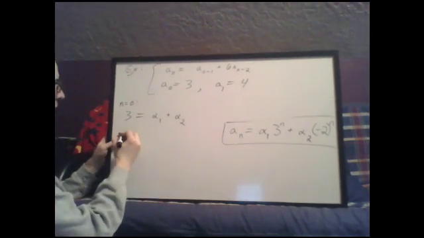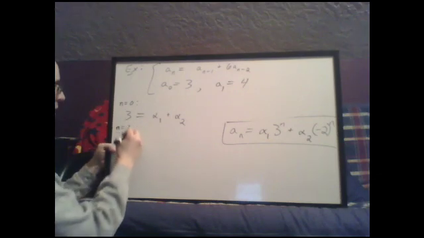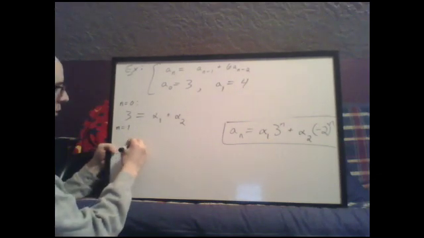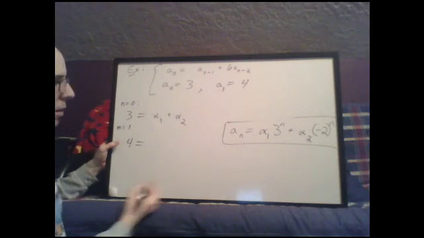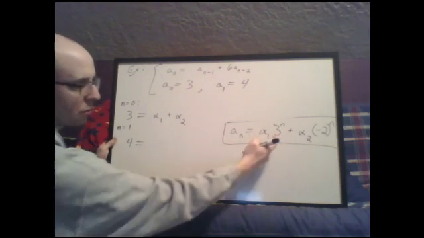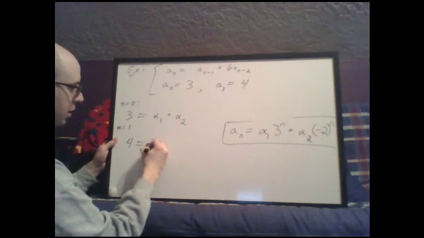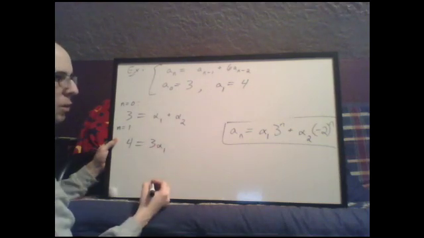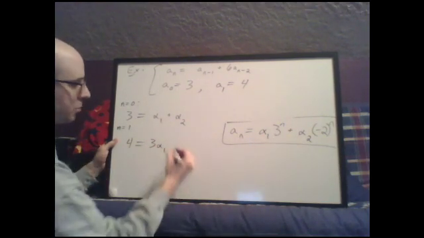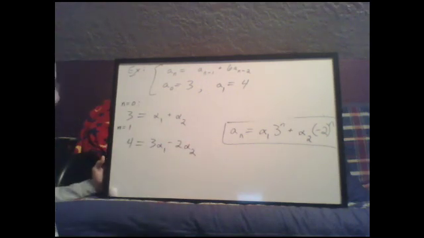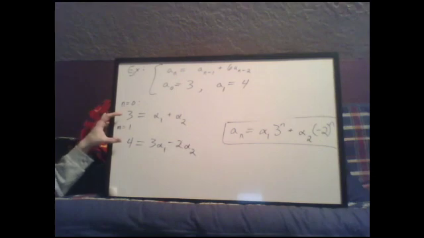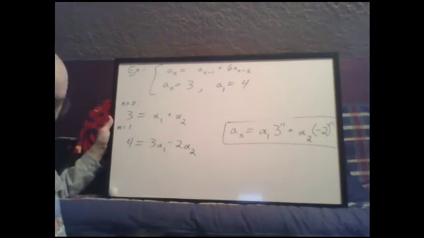Now if I plug in n equals 1, I'm supposed to get 4. I'll get 3 to the first times alpha 1, so that's 3 alpha 1, and negative 2 to the first gives me minus 2 alpha 2. So I get these two equations with two unknowns, alpha 1 and alpha 2.